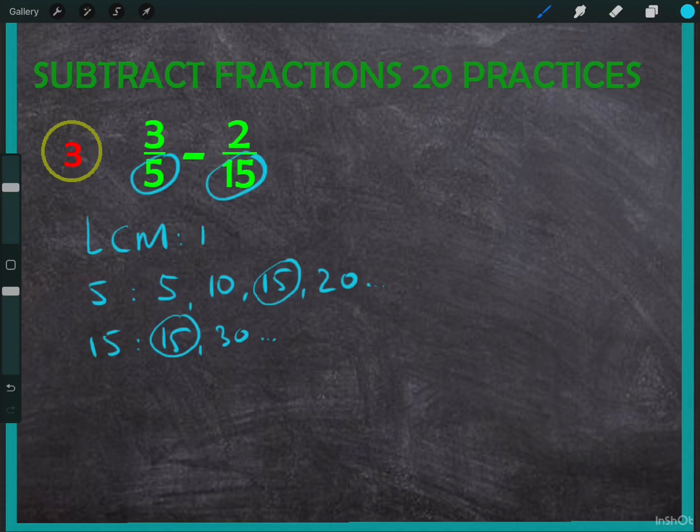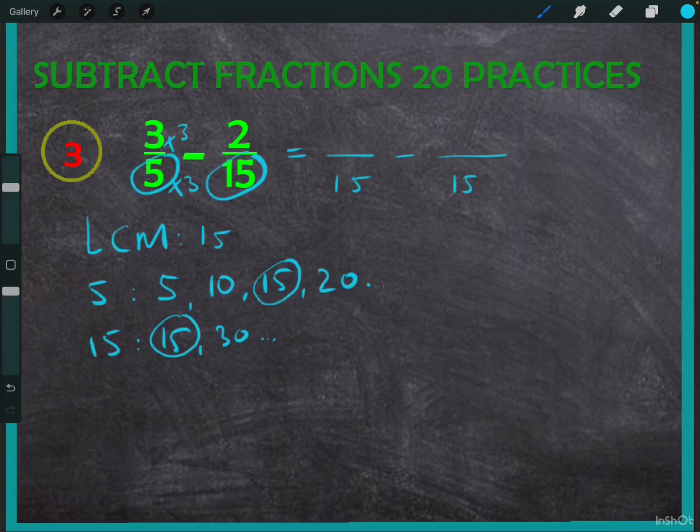So the LCM is 15. From here, we will convert the two original fractions into two new fractions with 15 in the denominator. The first fraction, we must times 3 to 5 to get 15, and when we times 3 to 5, we must times 3 to 3.